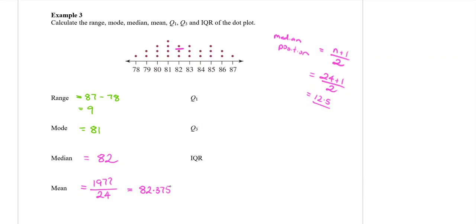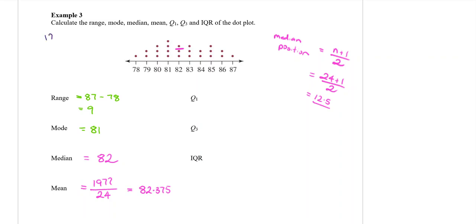Okay, quartiles time. We know that our median is here at this pink line. There are 12 dots that are lower, and there are 12 dots that are higher, making the 24 dots. So of the 12 that are lower, what is the middle of my 12?